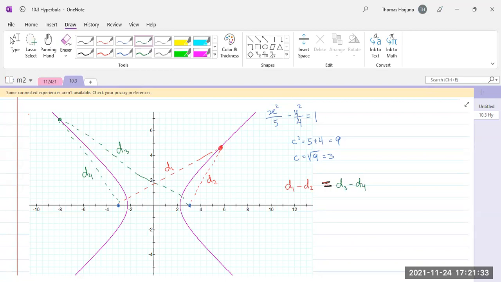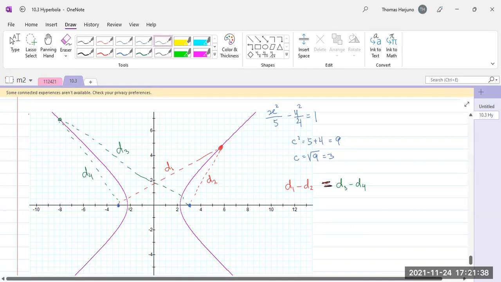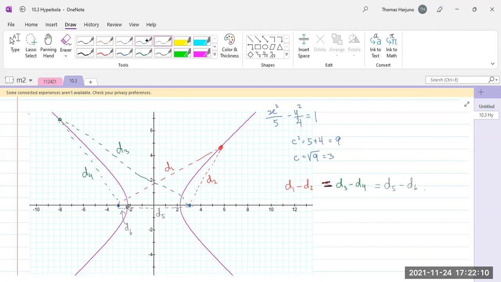Okay, whatever point you pick on this hyperbola, including this one here, the vertex, right? Then the distances from both of the foci, let's call them D5 and D6, the difference will be constant. In fact, we know what the difference of the distances is.